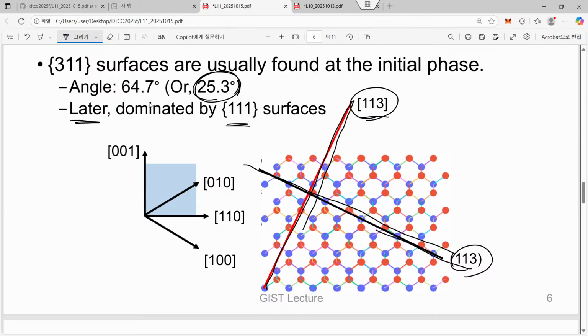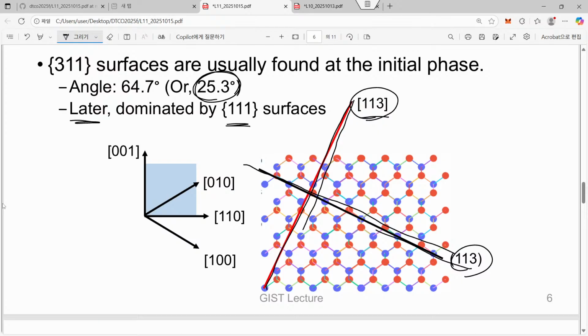So now you understand, although we have not discussed many details, that when we look at TEM images, virtual TEM images, depending on surface, we have different angles.